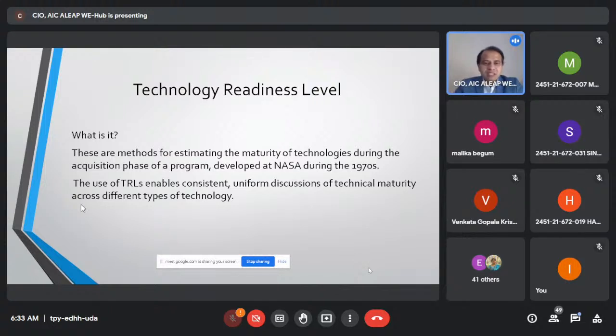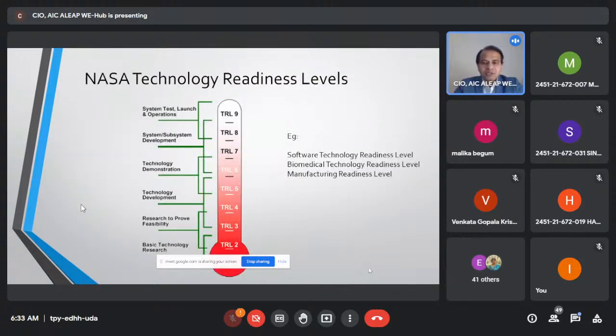So when we see what the NASA technology readiness level is, we have the 9 stages as mentioned over here. You can see here the TRL 1 stage, TRL 1 to TRL 2, the basic technology research. You just do basic research.